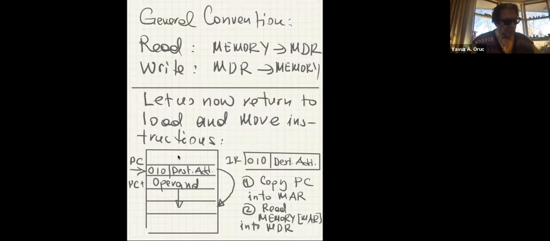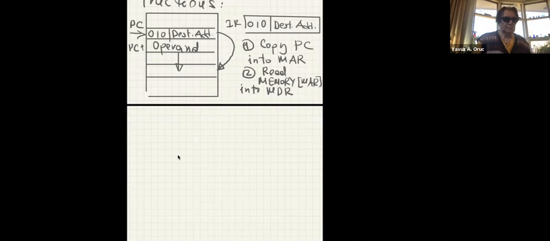Okay, you do those things. So I copied PC into MAR, and I then read what MAR pointed to in the memory into MDR. So at this point, my operand is actually in MDR.